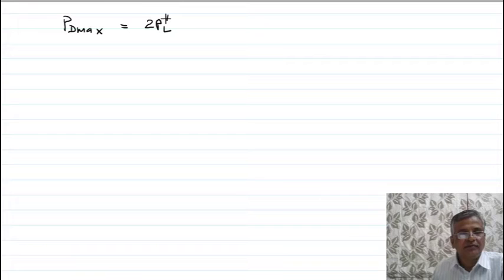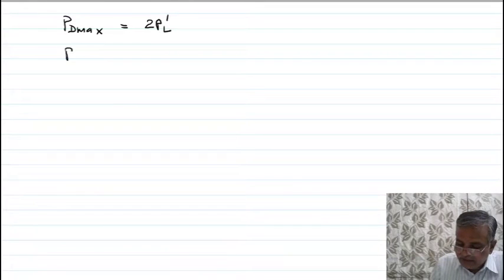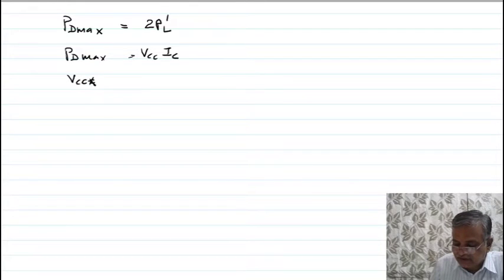We know that the relation between PD max and the AC power delivered is given by 2PL dash. PD max is nothing but VCC into ICQ, or we are writing IC. So VCC into IC is equal to 2PL dash.